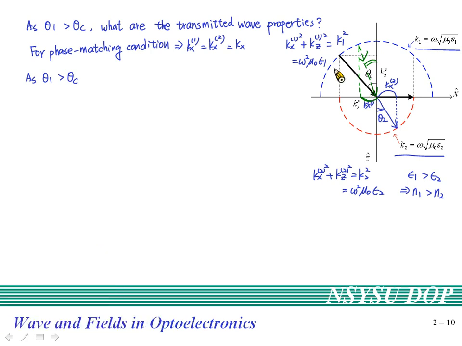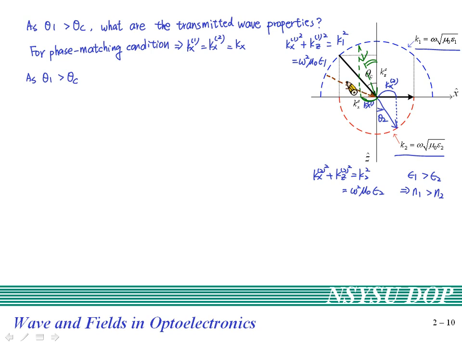As theta 1 is larger than theta c, it may look like this. The black arrow here represents the situation as theta 1 equals theta c, and the brown arrow here is theta 1 larger than theta c.